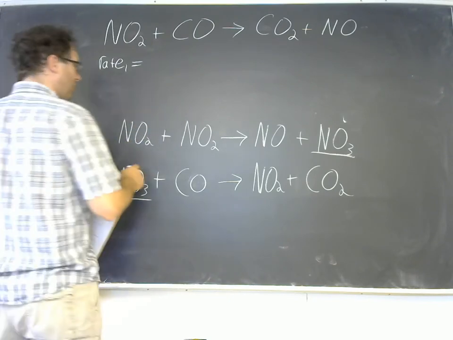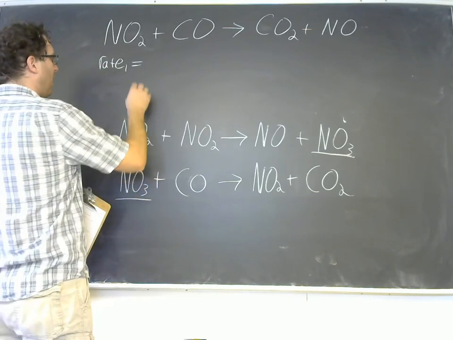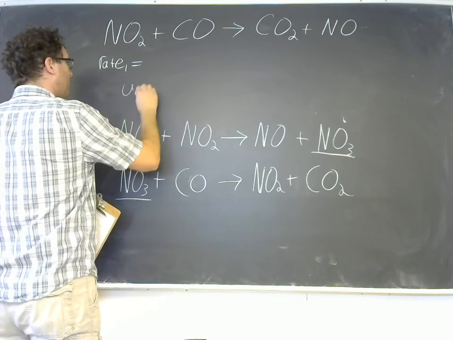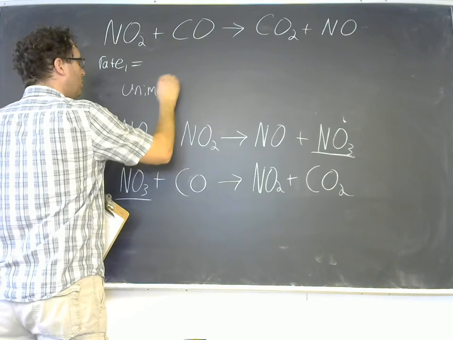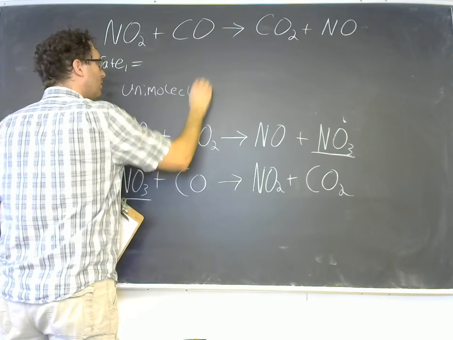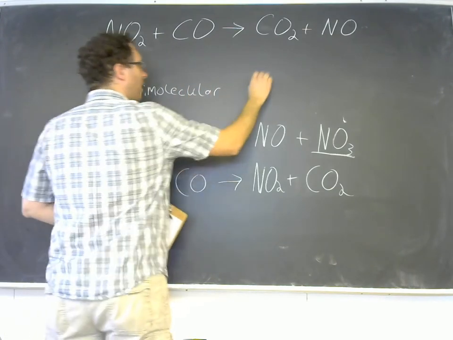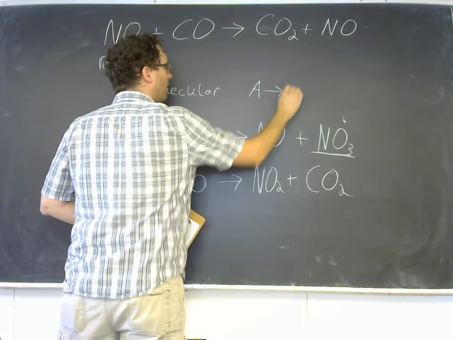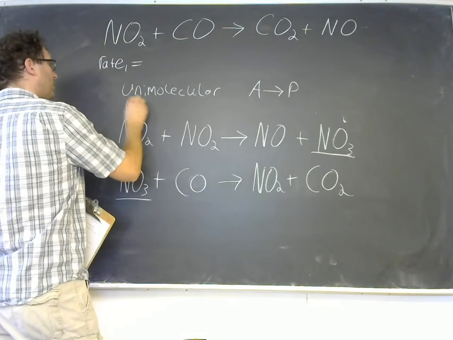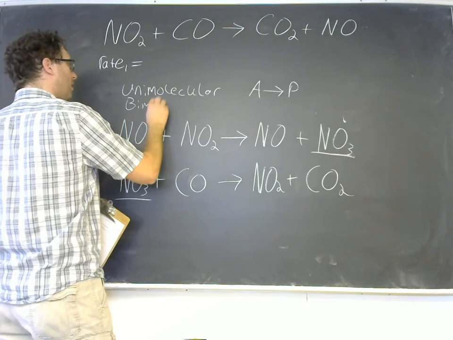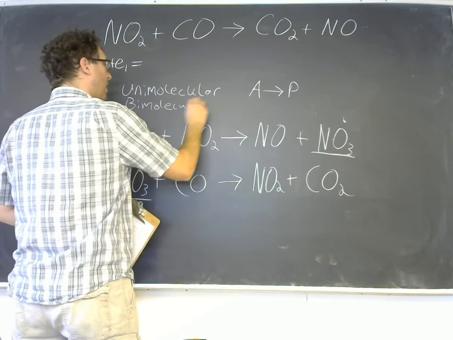And so there are different types of elementary steps. There are elementary steps that we call unimolecular. They would be in the form of like A goes to products. And there are elementary steps that are bimolecular.